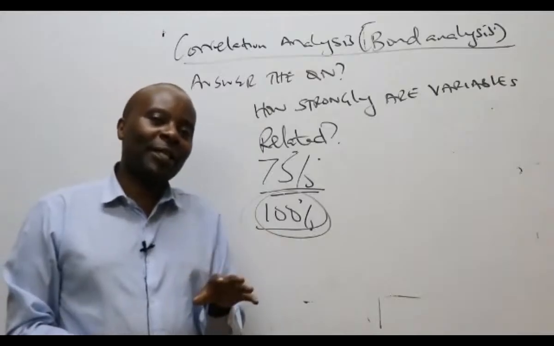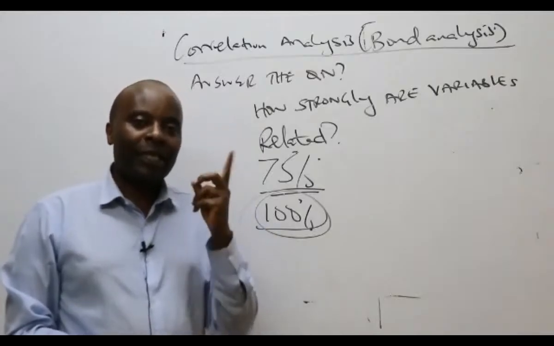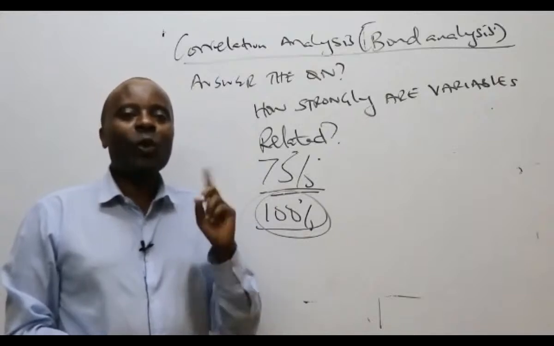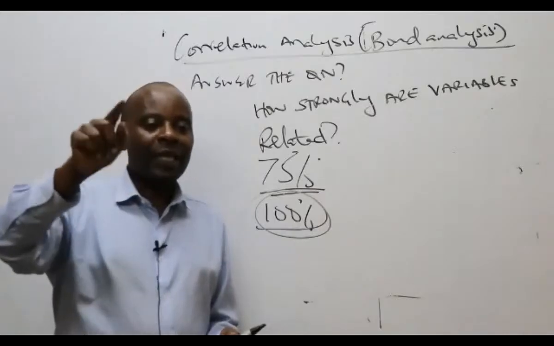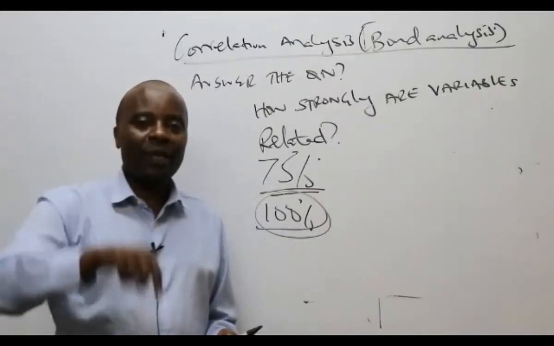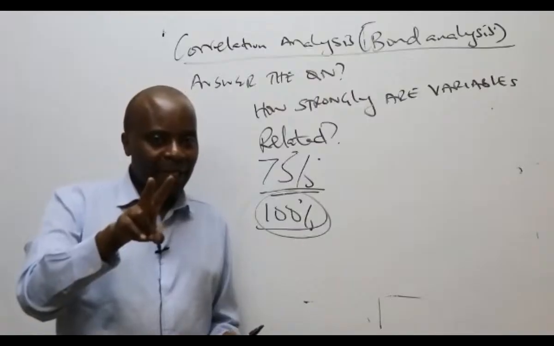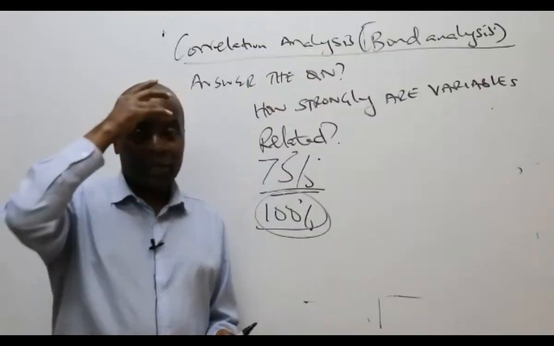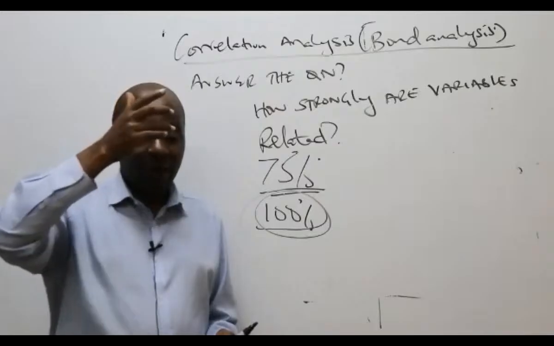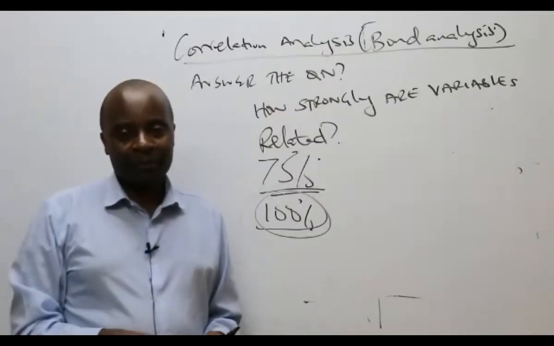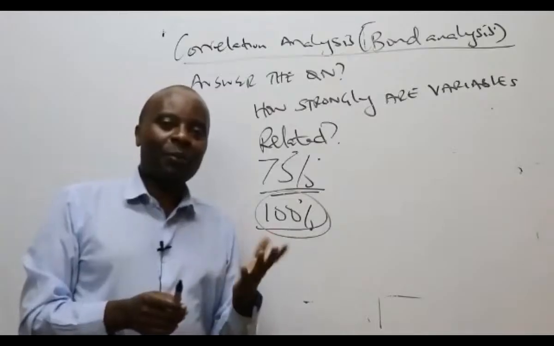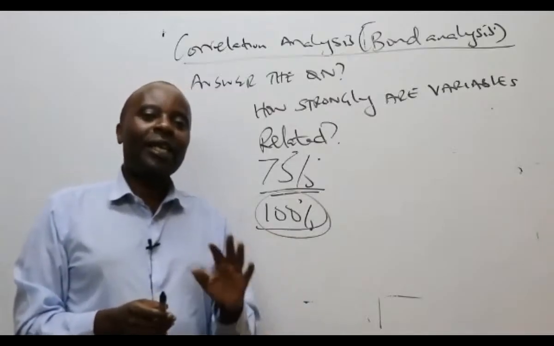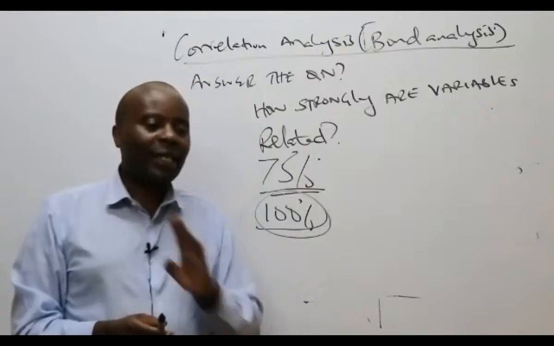If you get a couple that agrees 100% in everything, trust me, one of those couple members is irrelevant, and in most cases, it is the husband. If the wife says jump, you don't ask why, you say how high do you want me to jump? Ile yote hawezi kuwa related 100%.